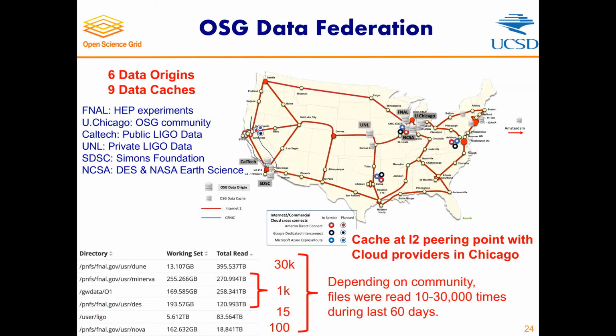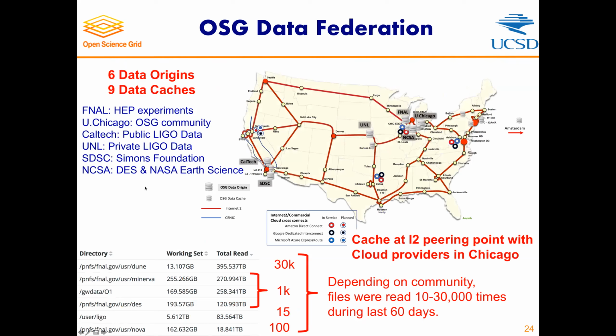How do we integrate them into this federation? So the way that we do it, let me talk about how it's done right now. This is the list of stakeholders that have done it. So we have 6 origins. This is what we call a data origin.